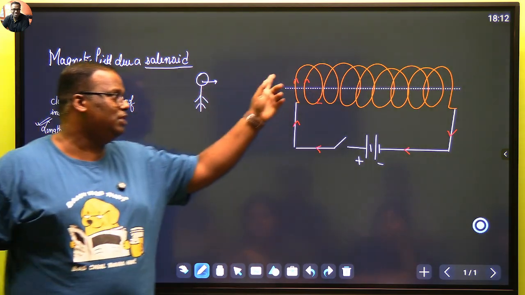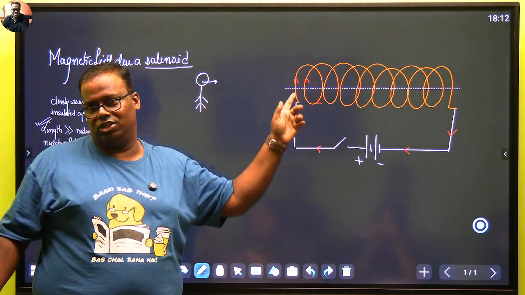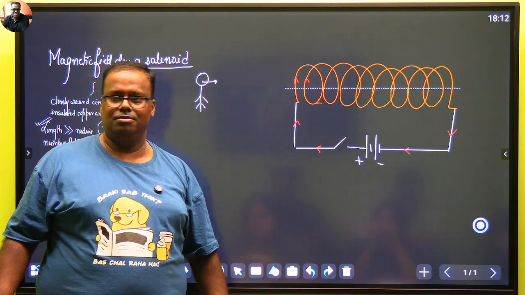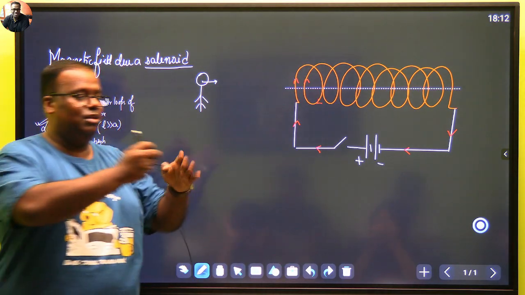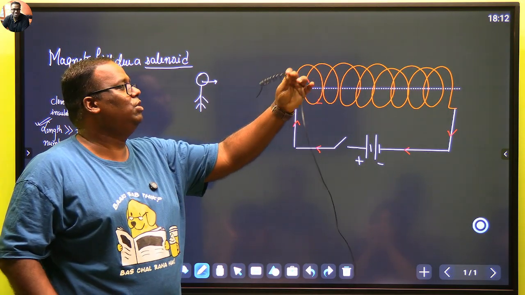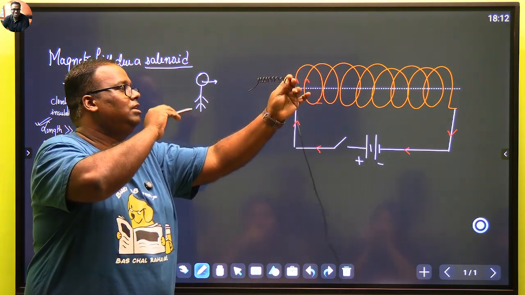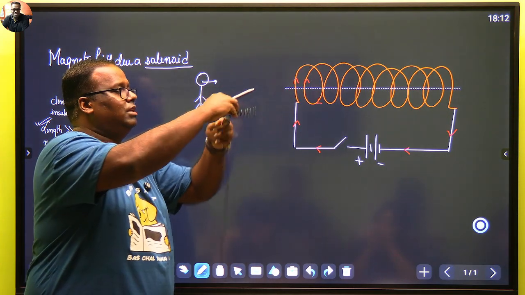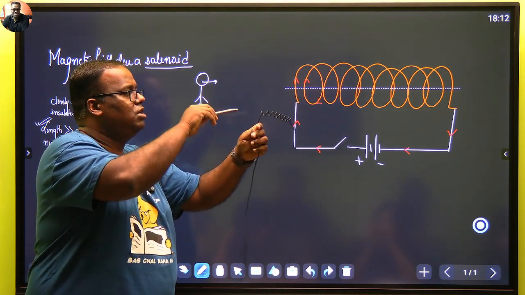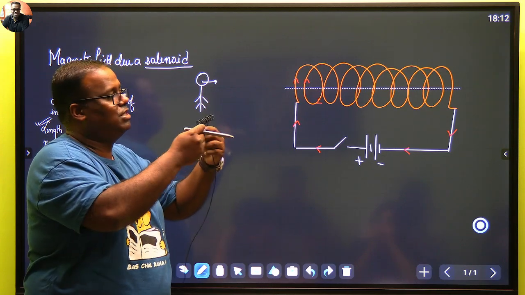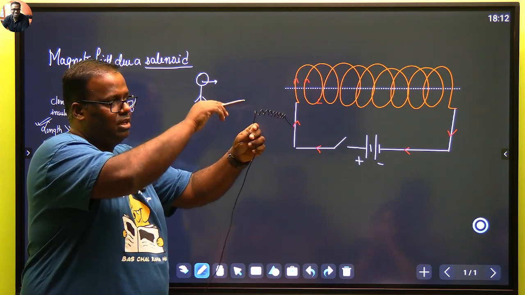I find the current is going in clockwise direction. I've kept the solenoid like this, and when the current is entering, it's something like this. This is just reverse. Okay, this is a reverse solenoid. So the current is entering in this direction.